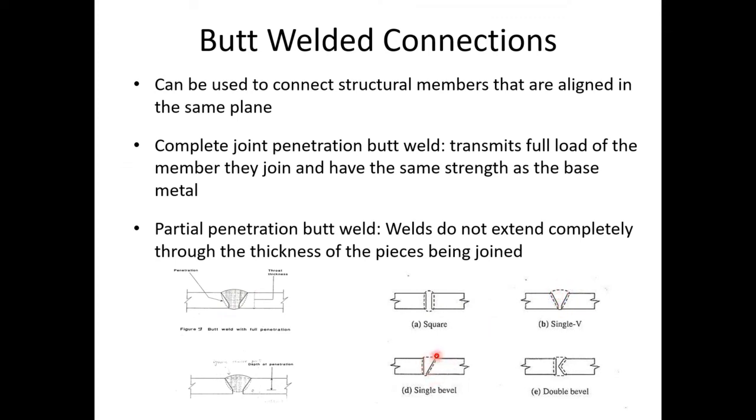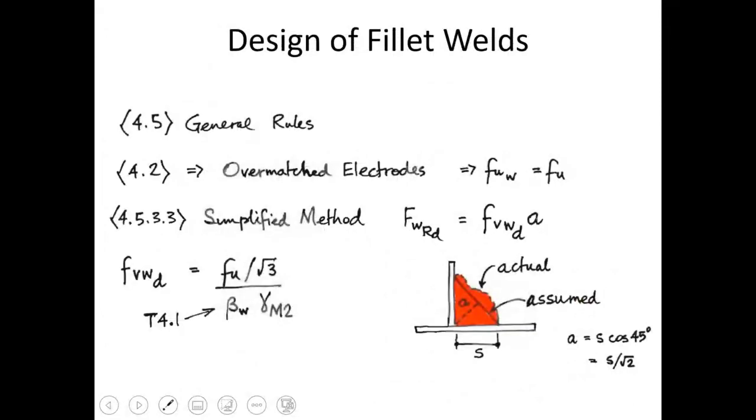You have a single bevel where you only prepare one side as a chamfer and keep the other one straight. You can have square, which isn't very common because it's difficult to finish. Double bevel you could have, where you put a chamfer on both sides and fill in between. Okay, so a complete joint penetration butt weld transmits the full load of the member that you join together. So effectively, we can assume that this joint here is as strong as the base material that it's connected to. And in partial penetration butt welds, the welds don't extend completely through the thickness of the piece that's being joined.